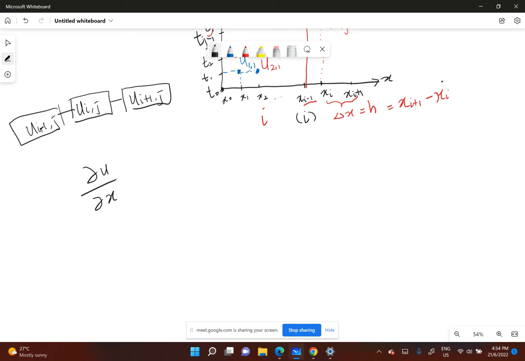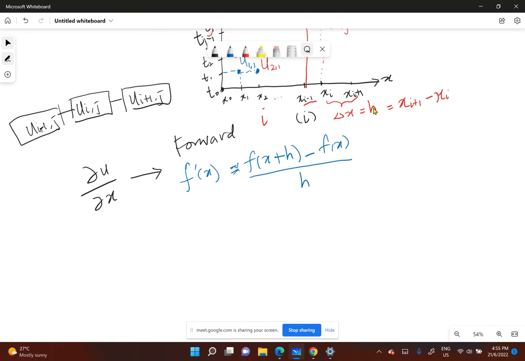So I can use forward. Kalau forward, you go to page 122. Kalau 2 point, I take let's say this 2 point, approximate F X plus H minus Fx divide by H. Oh my god, saya terlupa sini.